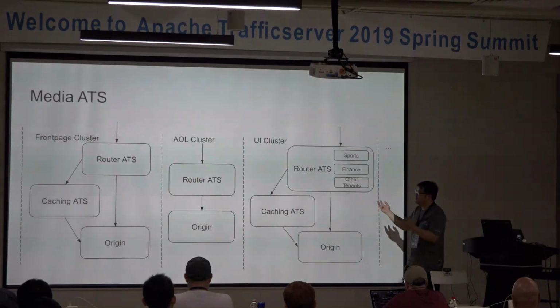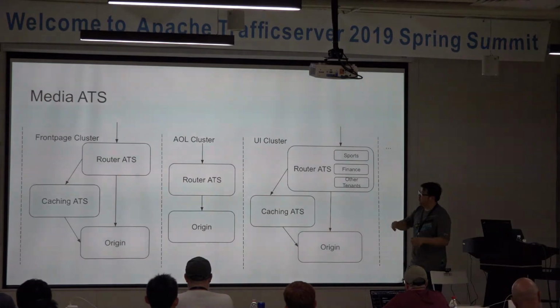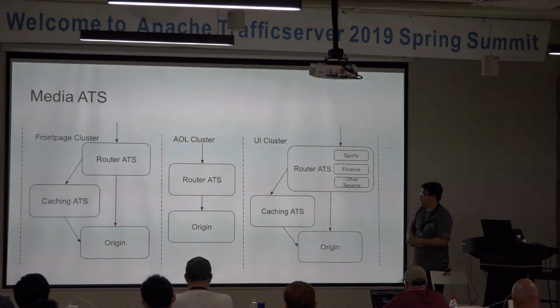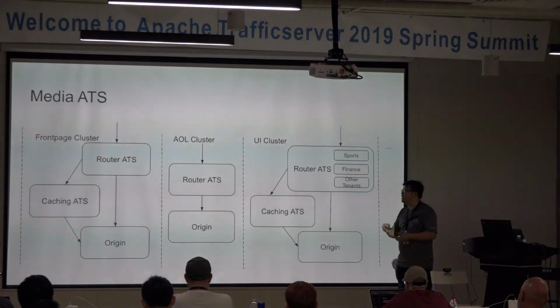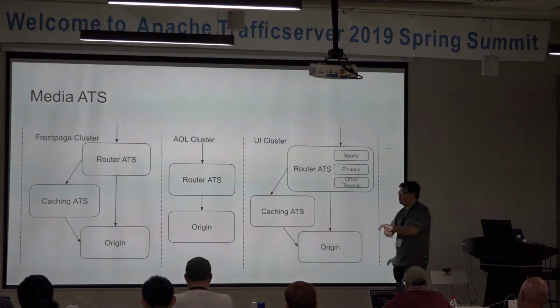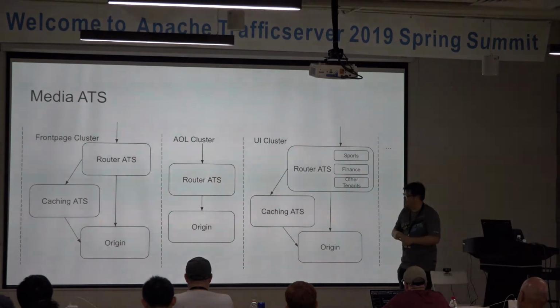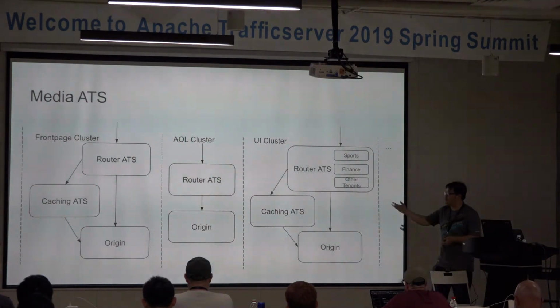So what's a cluster? A cluster is a router ATS and an optional caching ATS. The router ATS gets the request, does the hierarchical caching using the parent.config, and fans off to multiple different ATS for caching purposes before it goes to the origin.